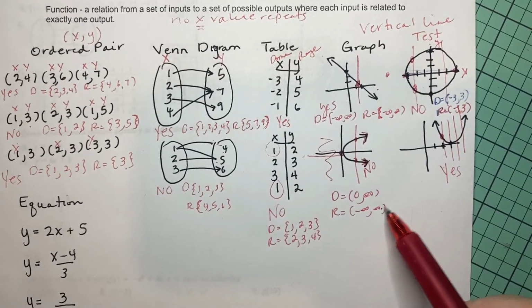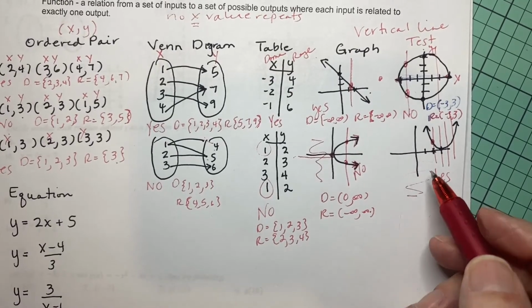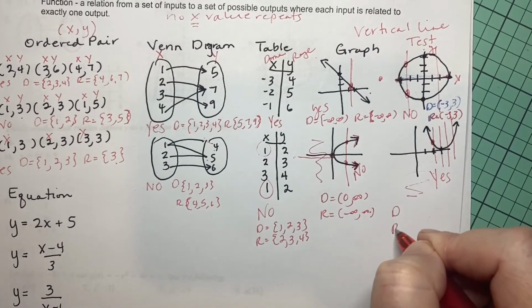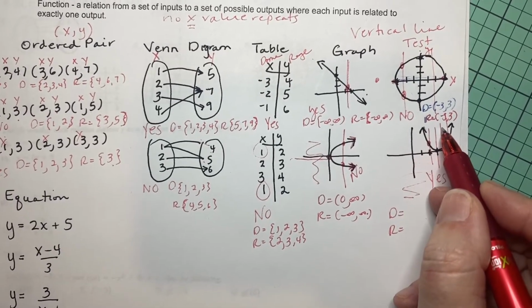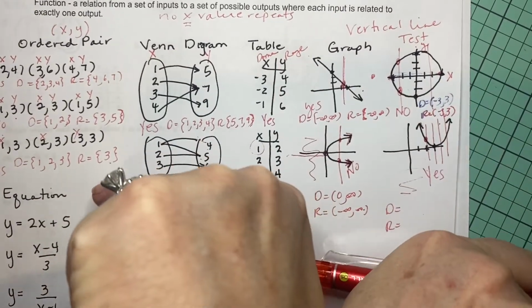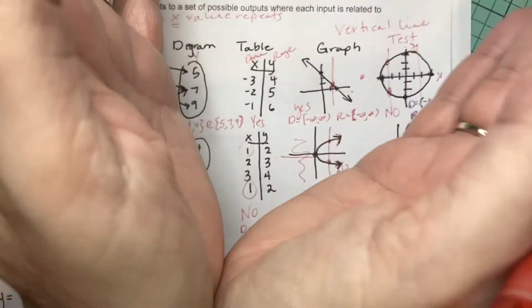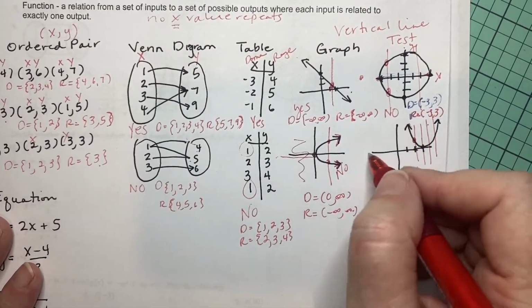This last one, do you see there's nothing down here? So let's look at domain and range. Let's do domain first. So when you look at your two arrows, it's a U, and if you flattened it out, I know it's hard for me to do it without using my hands, it would be on the x-axis.